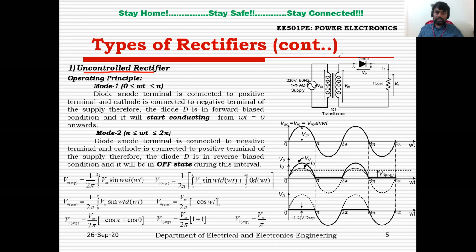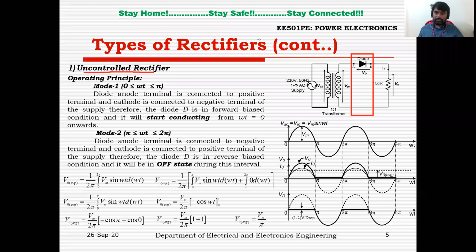You can see here, in between the source and load, we are using an uncontrolled device, which is a diode, and this is our power electronic converter, PEC, which will convert the AC power fed to this converter to a DC power which is fed to the load, right? This power electronic converter consists of only one diode, which is performing the AC to DC conversion, right?